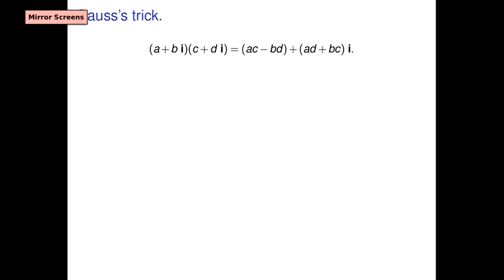It doesn't take long to figure out, but the minus bd comes from the i squared. The i's come from a times d i and b times c i. That's what the second term comes from. The a times c comes from a times c, and the negative bd comes from b times d times i squared, which is -1.